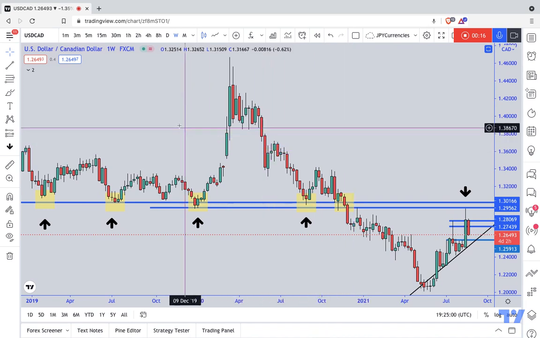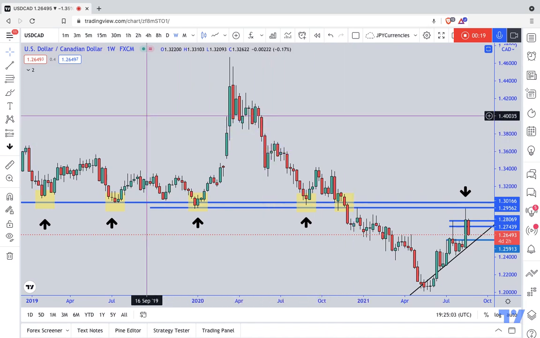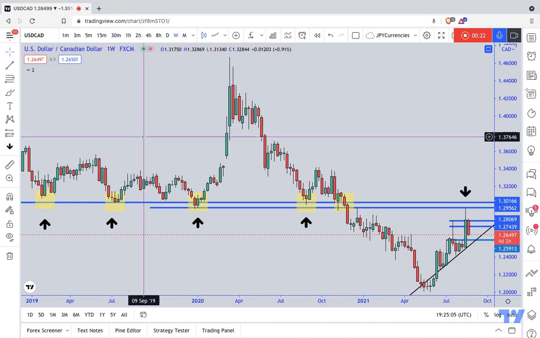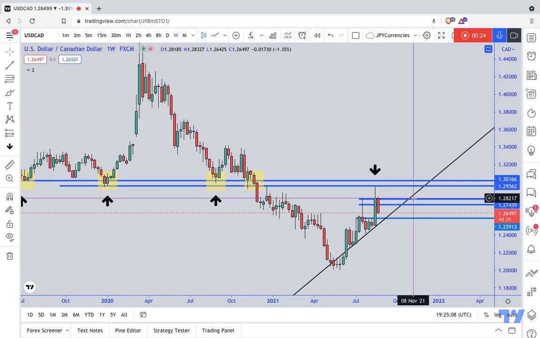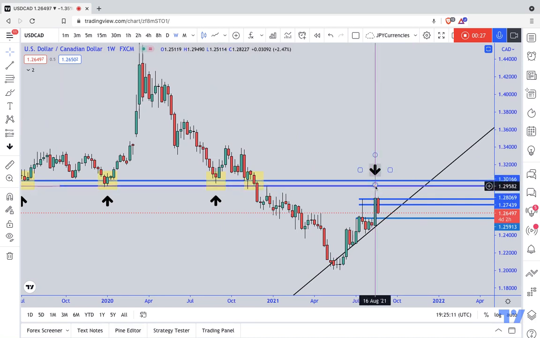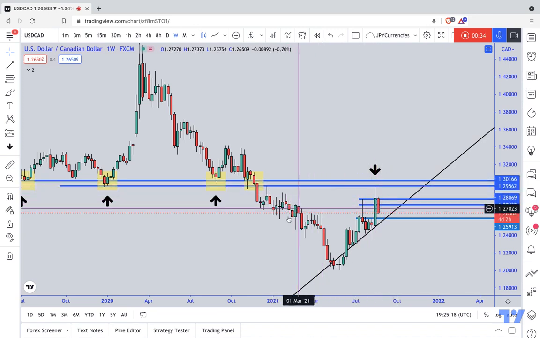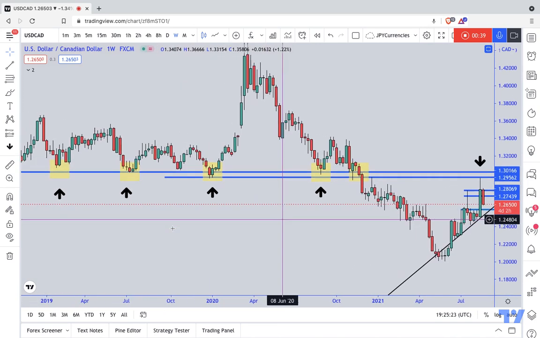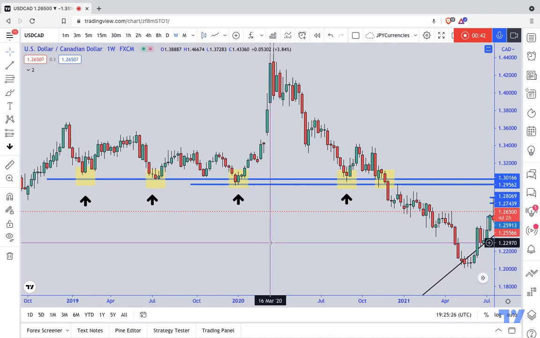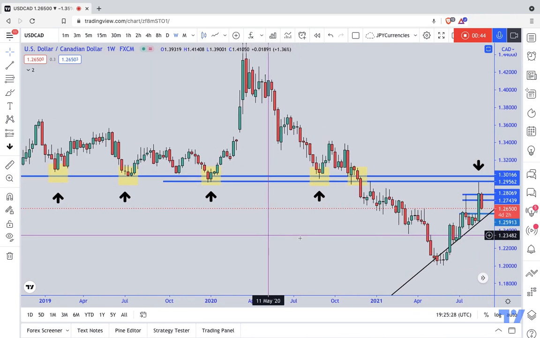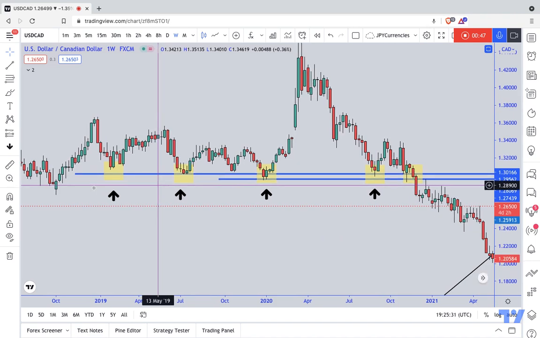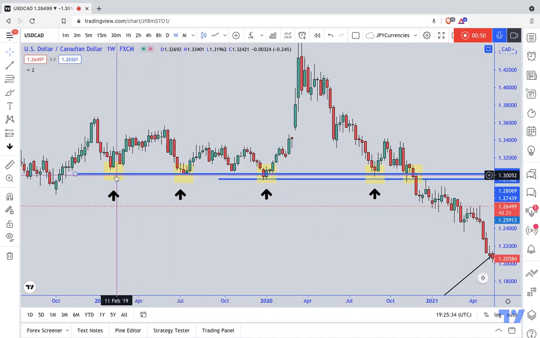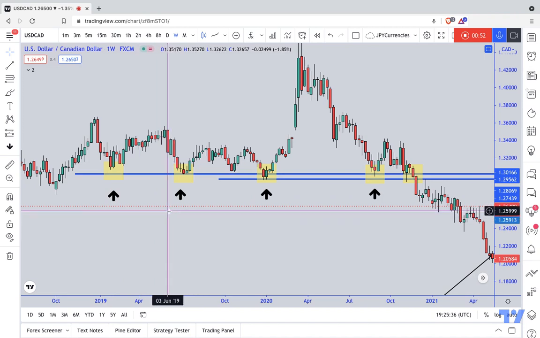And if you look at my previous published idea here on TradingView, you will see that when we were at this point, I pointed out that USDCAD is approaching its first serious resistance zone, and I pointed out this resistance zone by looking at how price reacted in the past when it was around this zone.